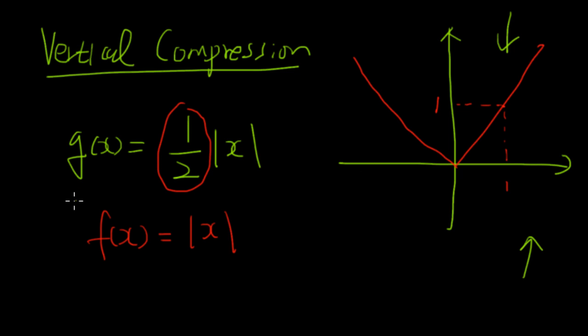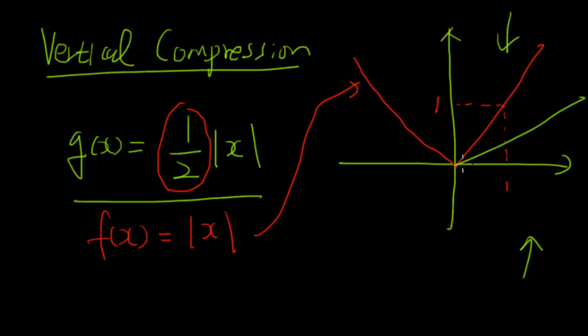Remember, this red is the original f of x. Now this g of x graph is going to look like this, compressed. Let's check this reference point. When x equals 1, what's y going to be? Half times 1, half. So it's supposed to be 1/2 right here. And the yellow graph is g of x, the vertically compressed graph.